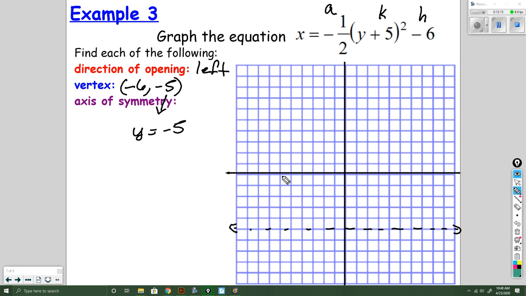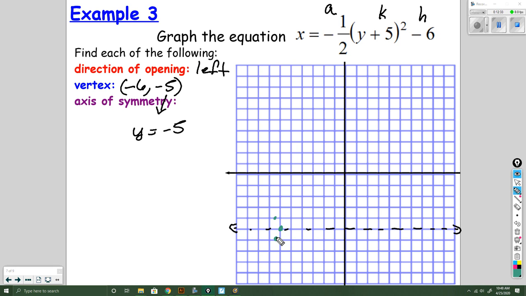Now we have negative 6, negative 5. Negative 6, negative 5 is right here, and it's opening to the left, so this is going to be rather quick to graph. Notice that the change is 1/2, so really we're just going to go 1/2 on these next two y values.